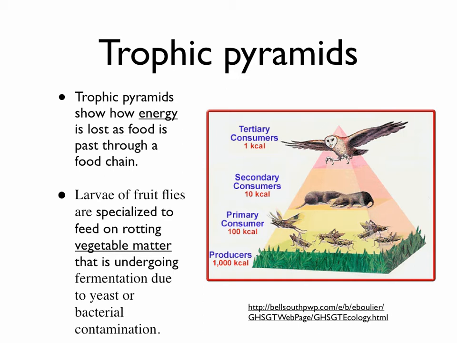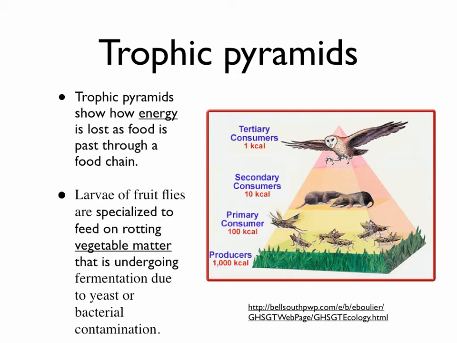So every one of these levels, I want you to draw an arrow going off of it. So from the grass, draw an arrow going off of it and put heat. And I want you to draw an arrow off of the grasshoppers and put heat. And then draw an arrow off of these shrews. You can see their very pointed nose and put heat.